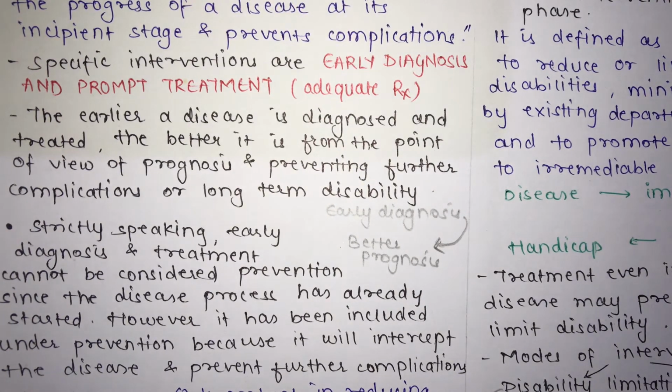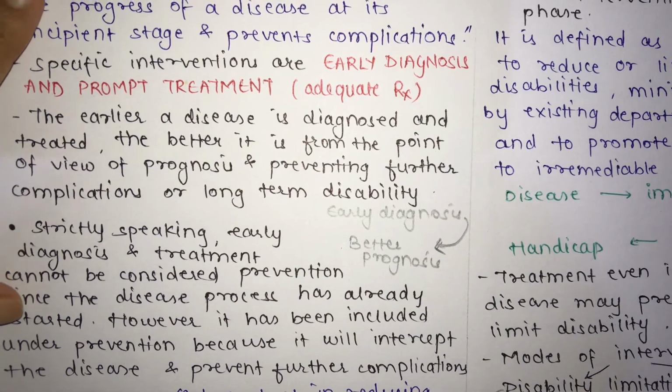So basically you are halting the disease at an earlier stage so that it does not get into more complications. We are including it in prevention, though not exactly, but yes, it prevents further complications. So that is secondary prevention.